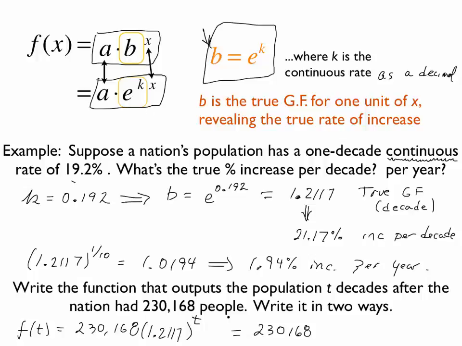Initial amount, 1 decade growth factor, to the number of decades. New way would be e to the k as a decimal, 0.192. So remember, k is a rate. It's like a percentage. It's not the true percentage increase, but it's the type of number it is, a percent or a rate. Okay? And then that to the t.